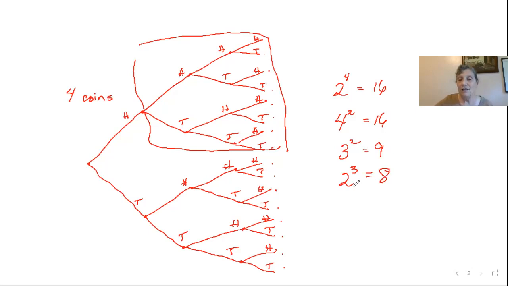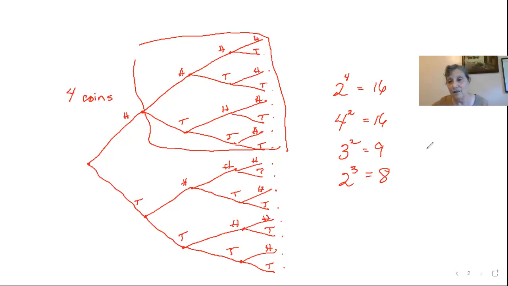So if you have exactly the same number of possible ways for something to land, you take the number of ways it can land times the number of times you're going to do that.